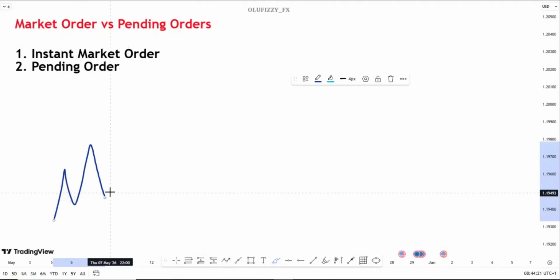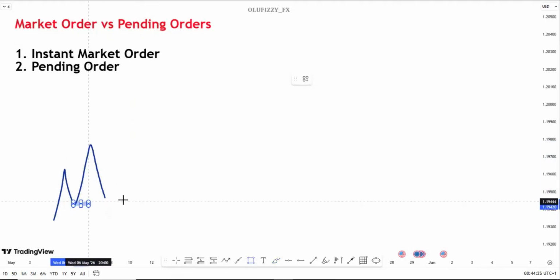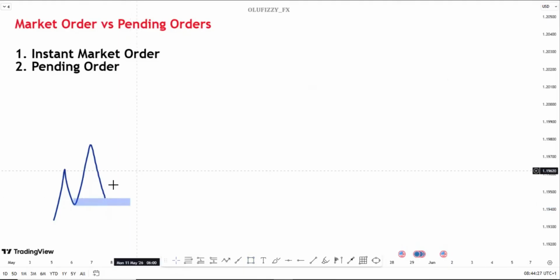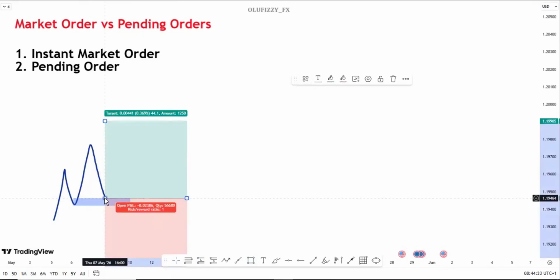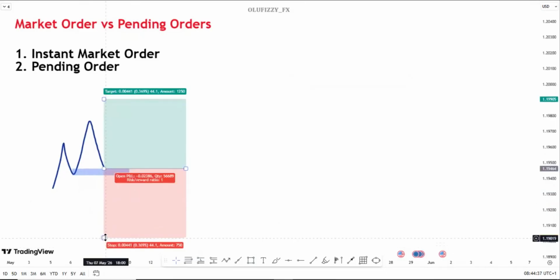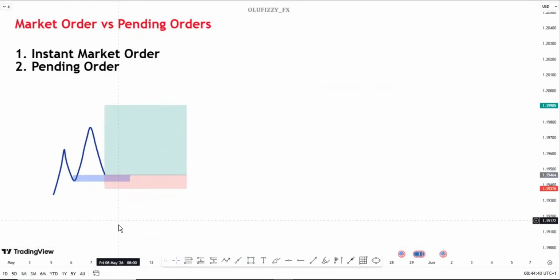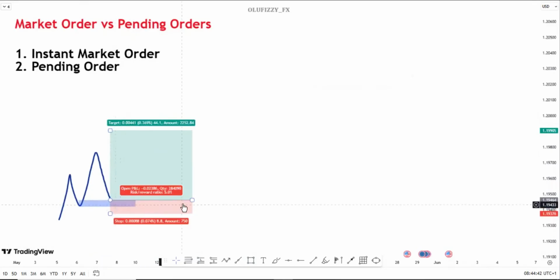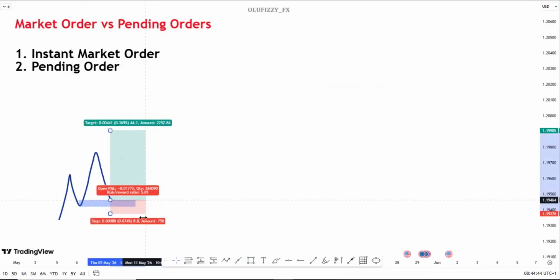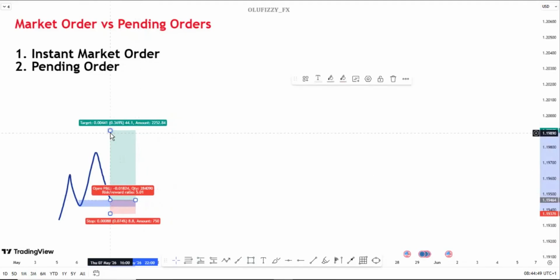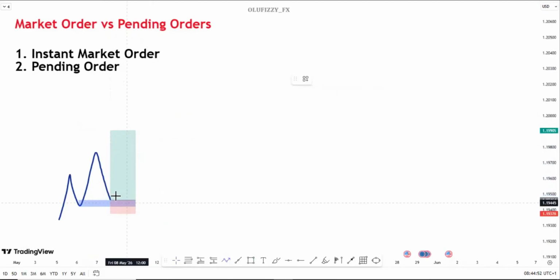Maybe you want to buy at this region, maybe you have a point of interest that you want to buy from, and price is currently at this region, so you want to buy. So immediately you enter that particular buy order, you click on buy, which means you are expecting price to continue going to the upside. So your trade is going to be executed instantly. It's going to be open instantly. And that is what market order is for buy.